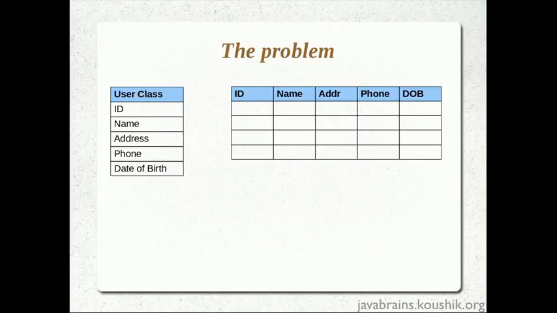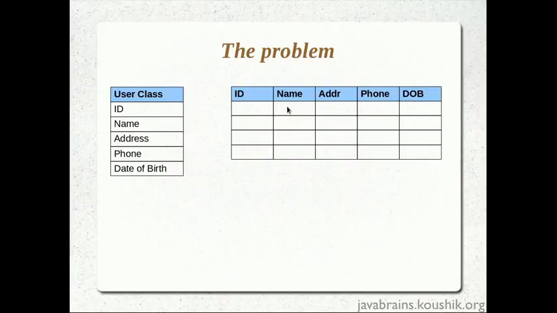Now I would take this user object and I would pull out all these fields, and I would create a SQL query that would do an insert, and I would insert it into this database. So depending on what the user's information is, those data would go as a SQL query and it would do the insert. The same way, if I need to retrieve the user object, I would have to do a select on this table, and once I do a select, I would probably get a record set.